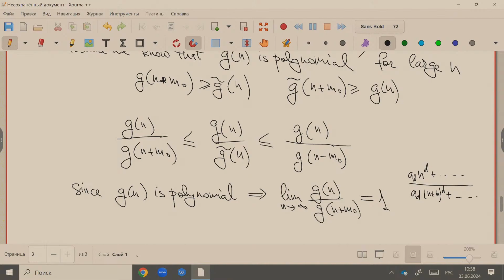And luckily we have bounded, so we can apply the squeeze theorem, so that limit is equal to 1.